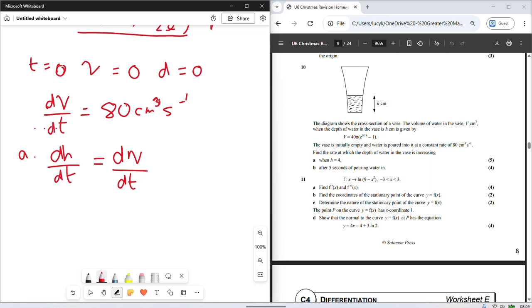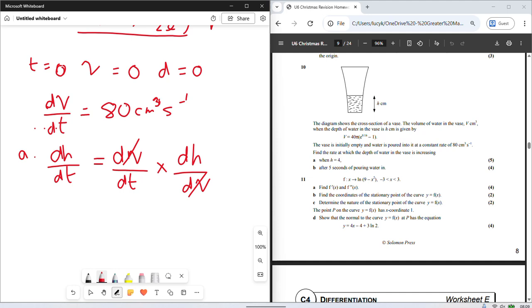I want a dH on the top and a dV on the bottom, so they cancel out. So I multiply by dH by dV, and the dV's cancel out, leaving me with dH by dt. I already have dV by dt, so I need to find dH by dV.